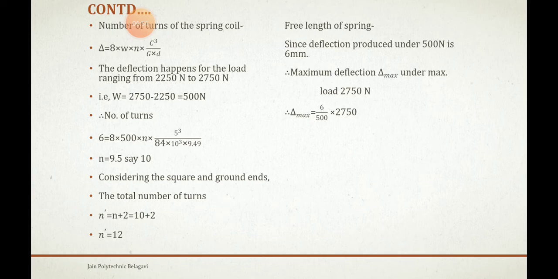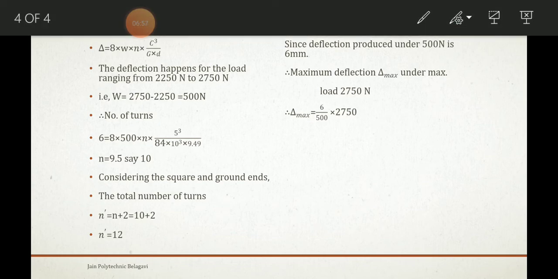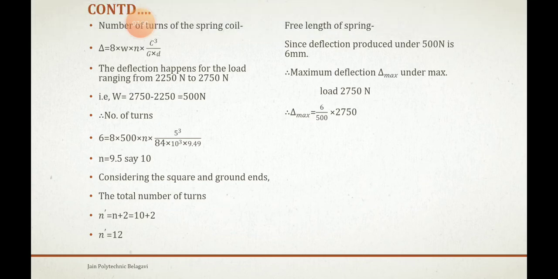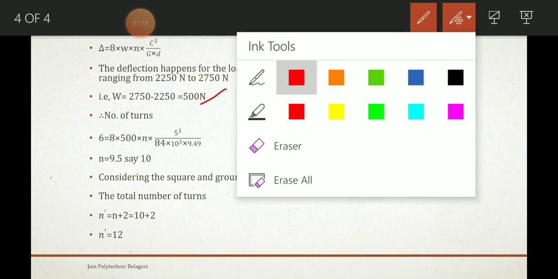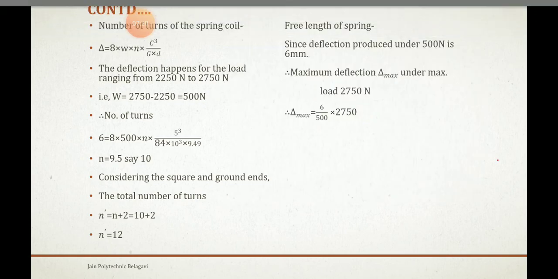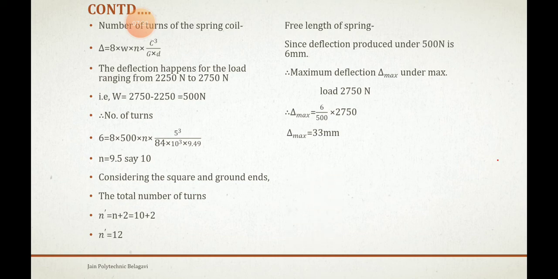So delta max is 6 divided by 500, where 6 is the deflection given and 500 is the effective load we found out, into the maximum load, that is 2750. Because maximum deflection occurs at the maximum load, that's why I took the maximum load, 2750. So delta max will be equal to 33 mm.